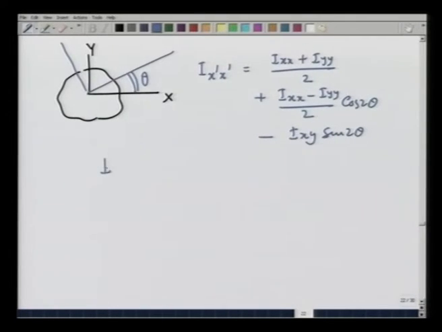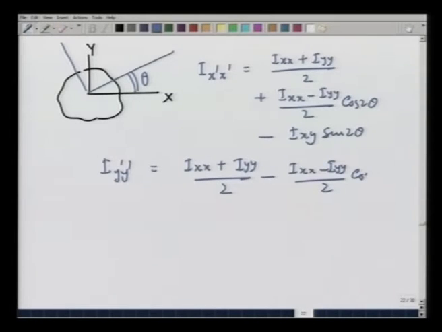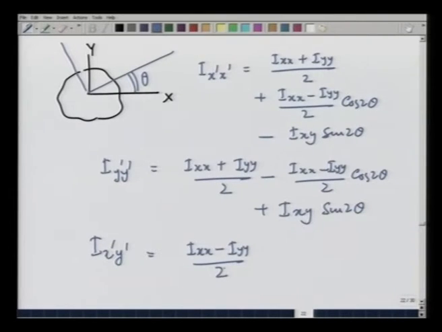Similarly, I y prime is going to be I x x plus I y y divided by 2 minus I x x minus I y y divided by 2 cosine 2 theta plus I x y sine of 2 theta, and I x prime y prime is going to be equal to I x x minus I y y divided by 2 sine of 2 theta plus I x y cosine of 2 theta.